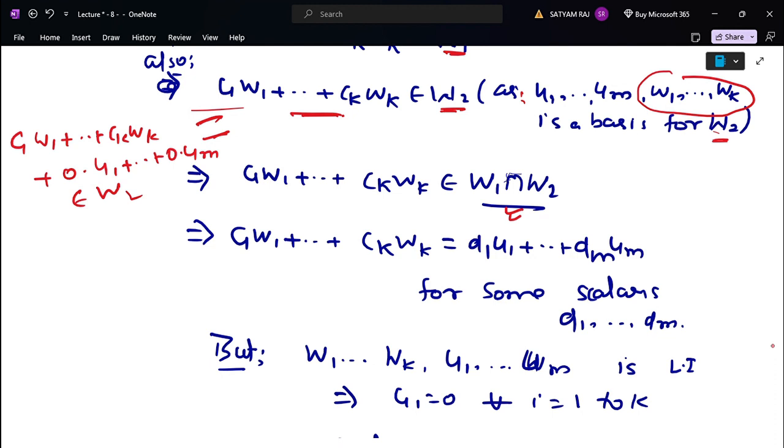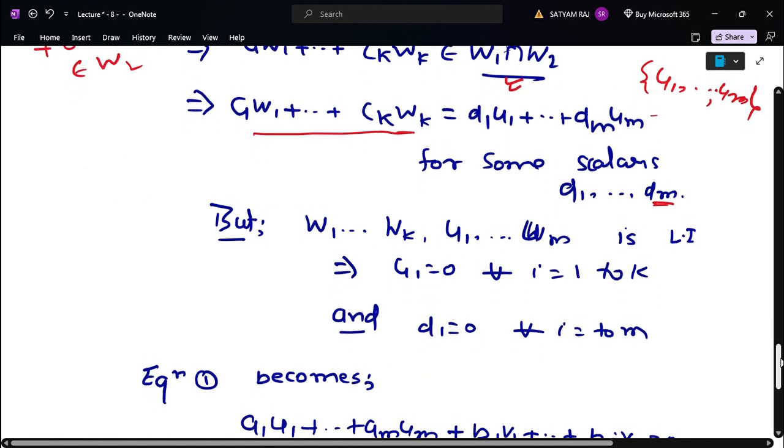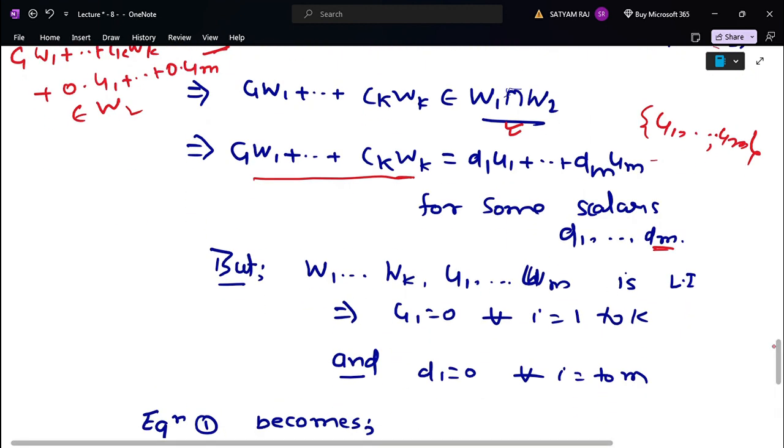But we know the intersection has a basis, namely U1 dot dot to UM. We have previously assumed. It means we can write d1 u1 plus dot dot dm um, which will be equal to this vector because it is in the intersection, for some scalars d1, d2, dm.